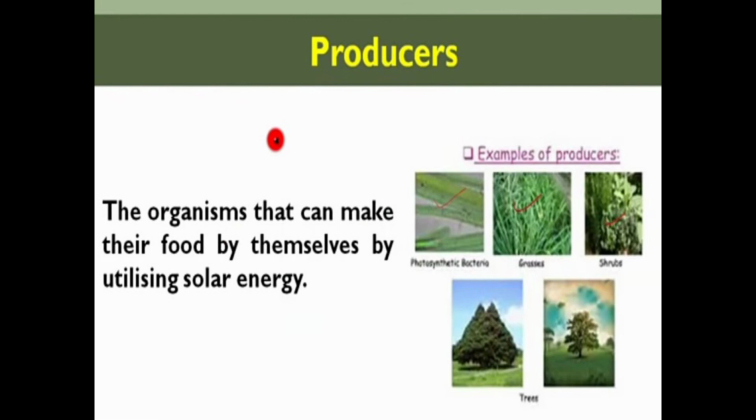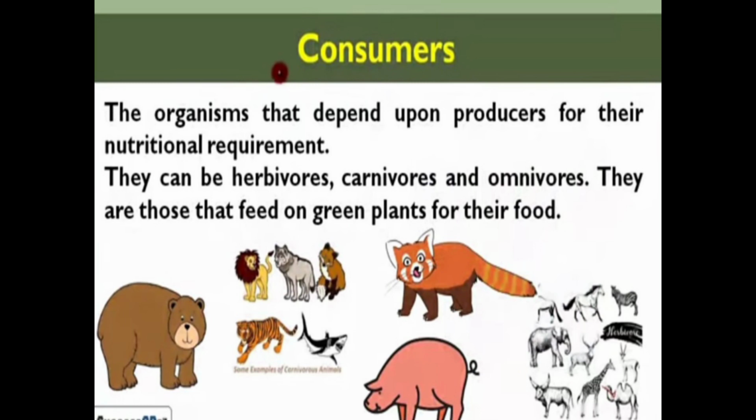Examples of producers are mostly plants, photosynthetic bacteria, grass, shrubs and trees. They make their food by themselves through photosynthesis, and a pigment called photosynthetic pigment helps in the conversion of solar energy into chemical energy.